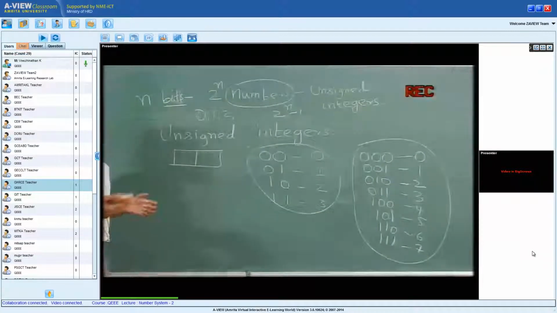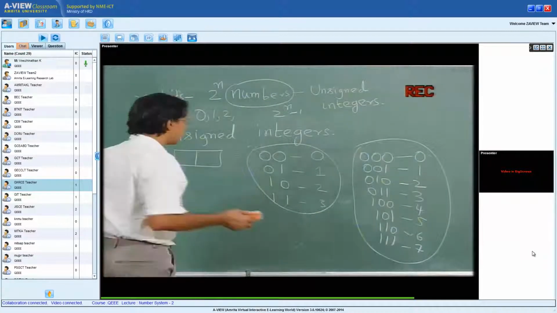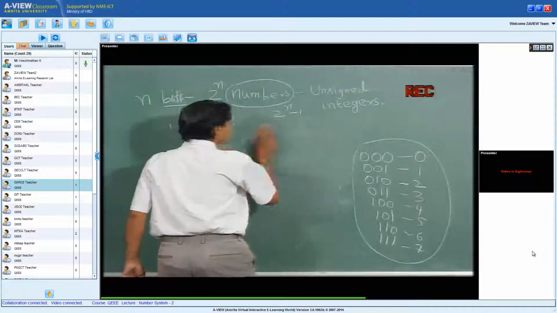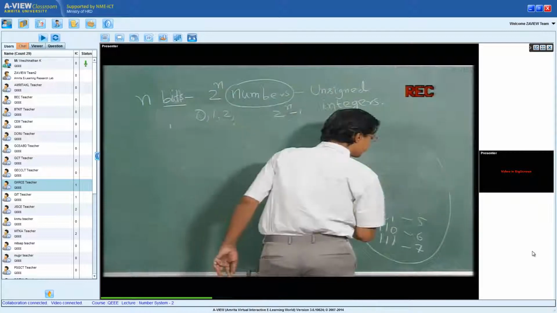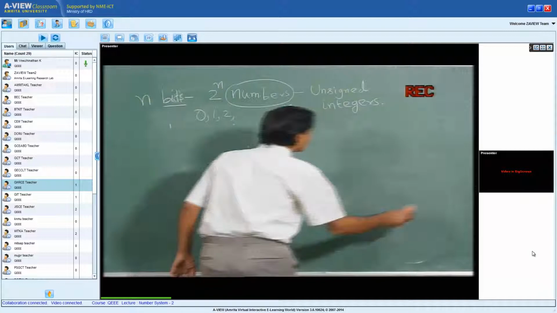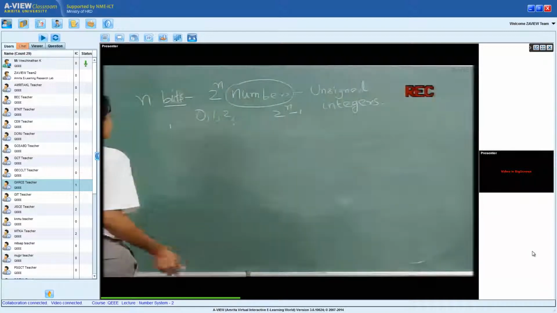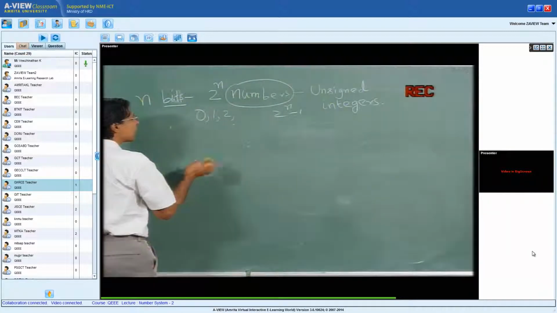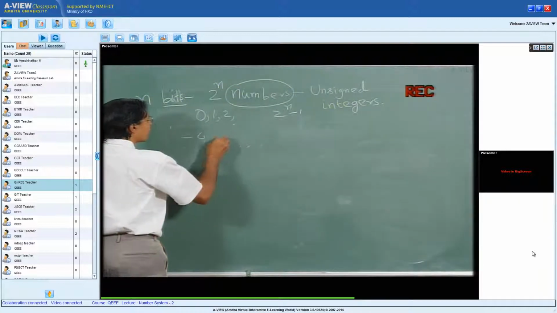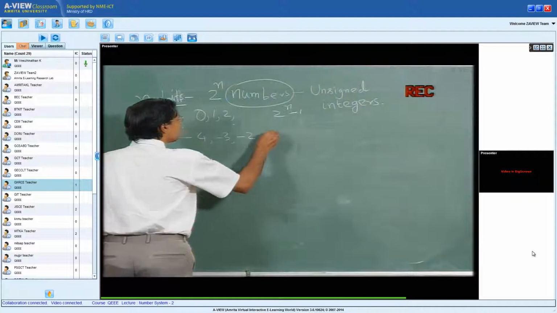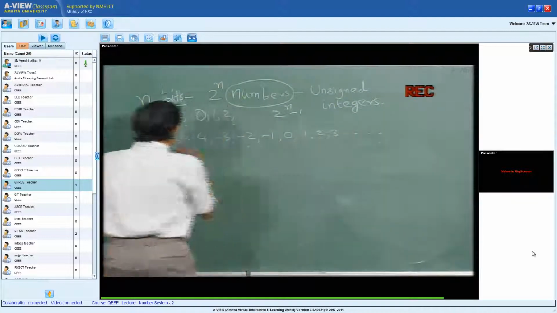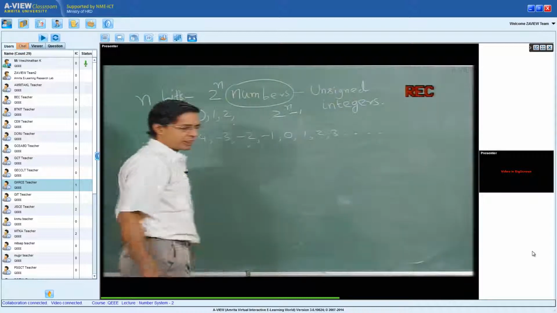The moment I am looking at signed integers, wherein I am interested in associating a sign bit, I want to represent between minus 4, minus 3, minus 2, minus 1, 0, 1, 2, 3 on both sides.